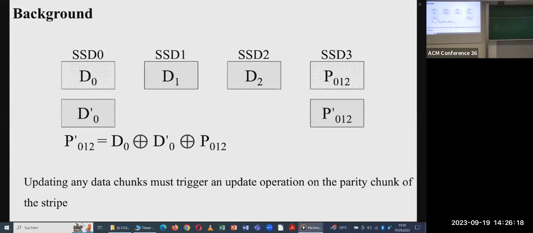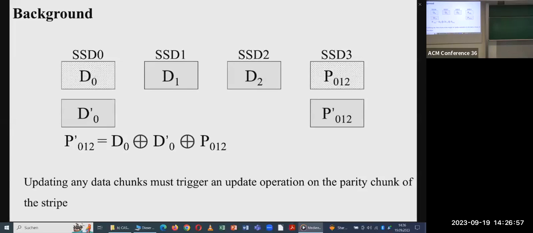RAID systems, however, suffer from the small-write penalty, which means that when data chunks are updated, the corresponding parity chunk must also be updated. For instance, when data chunk D0 is updated, the parity chunk P0012 must also be updated. The updated parity chunk and data chunk must be written back to the old SSD location. This is done to ensure the effectiveness of the RAID system.